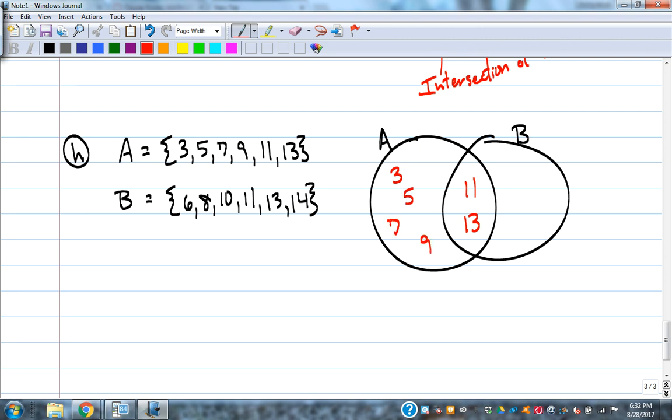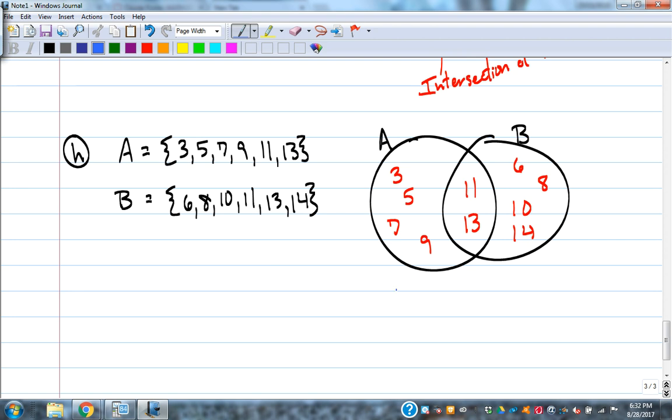And over here on the right-hand side, we want all the rest of the numbers that are in B. So 6, 8, 10, and 14. So there we have a Venn diagram based off of 2 sets.